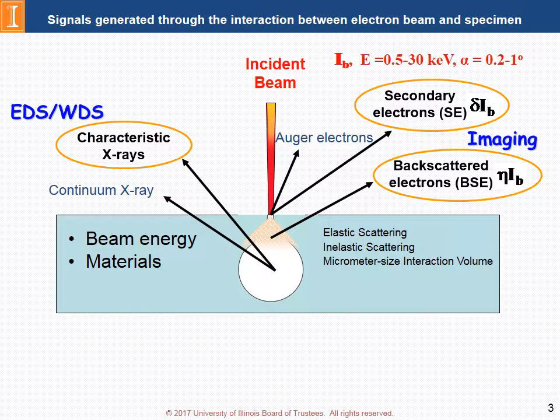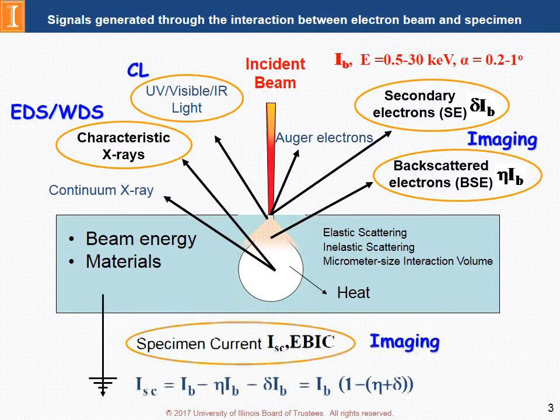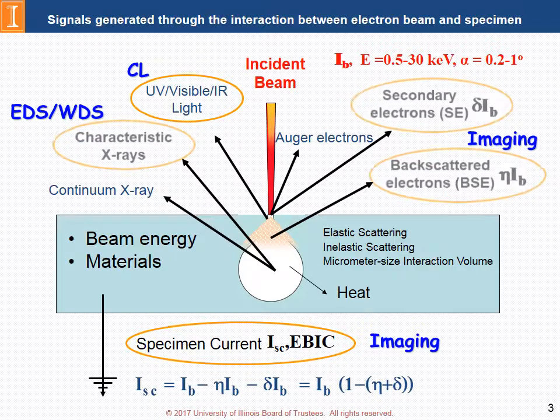And also X-rays, including continuum X-ray and characteristic X-ray. Characteristic X-ray is a signal used for elemental analysis. And also light, including ultraviolet, visible, and infrared. These are the signals used for cathodoluminescence. There is also heat generated in the interaction, as well as the specimen current used for EBIC.